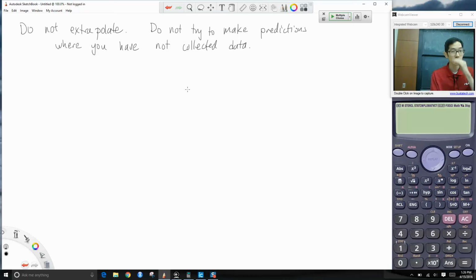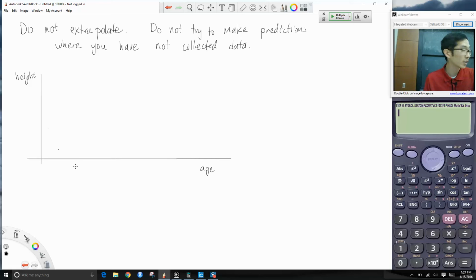So here's a silly example. Let's say you have a child, and you're going to measure the child's height versus the child's age.